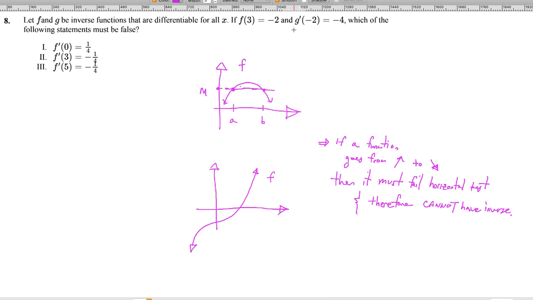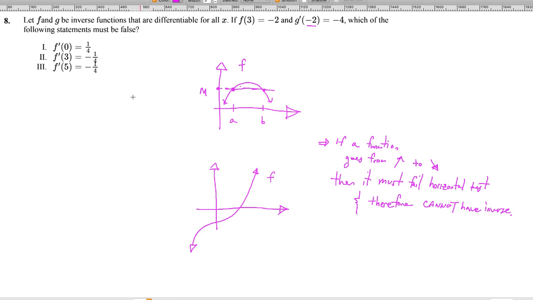So since g prime, the derivative, is negative, that means g is decreasing at -2. But since g has an inverse function, it must mean that g is decreasing everywhere.